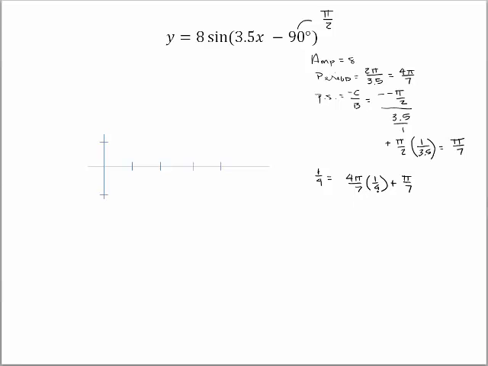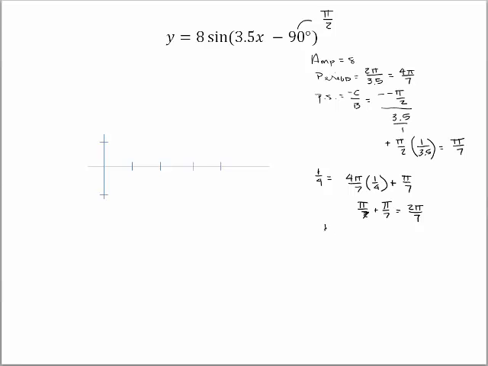So to simplify this, the 4's cancel out. We'll end up with pi over 7 plus pi over 7, giving us 2 pi over 7. That's our quarter point.